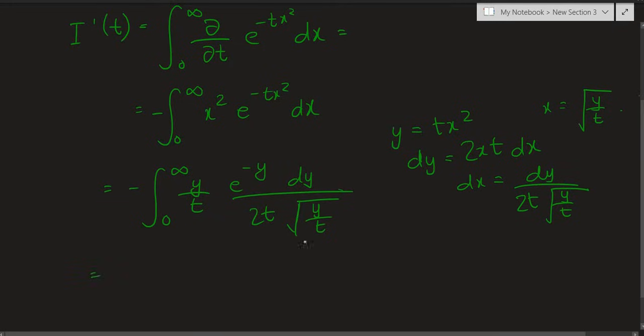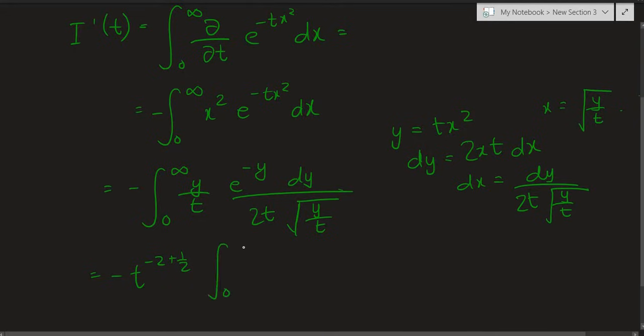Well, the t's are just constants, right? So we can simply pull them out of this integral. So we have this t squared in the denominator, which we can express as t raised to negative 2, and this square root of t in the numerator, which we can call t raised to half, and both of them will add up with each other.